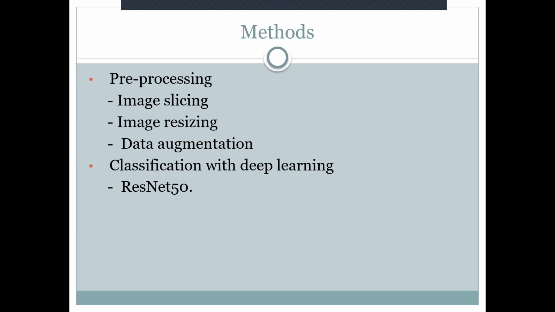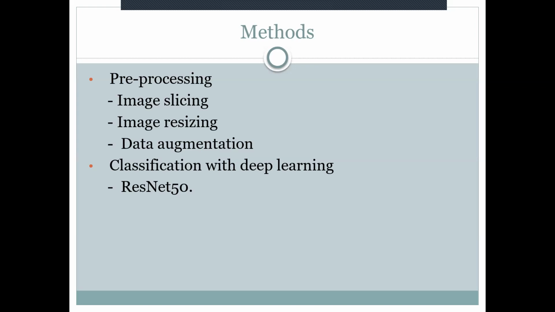So, the data set we used was 3D CT scans from the STOIC 2021 data set that's available online. We had to convert these 3D CT scans to JPEG images. So how did we do that? We adopted first the method of image slicing.